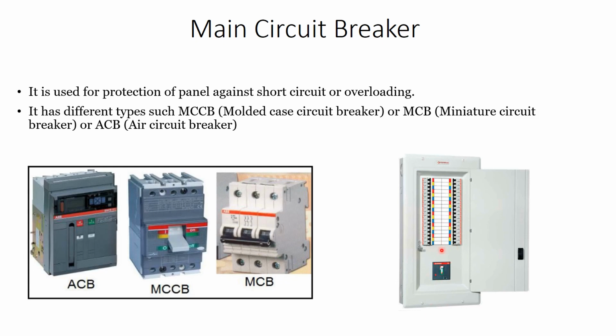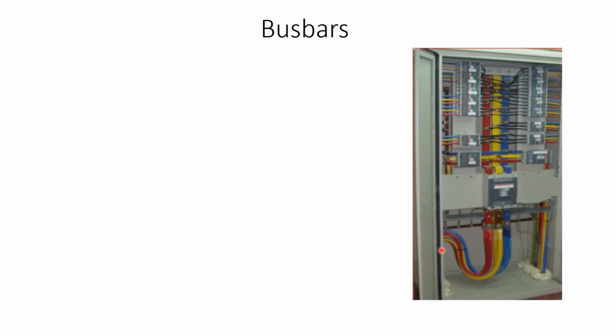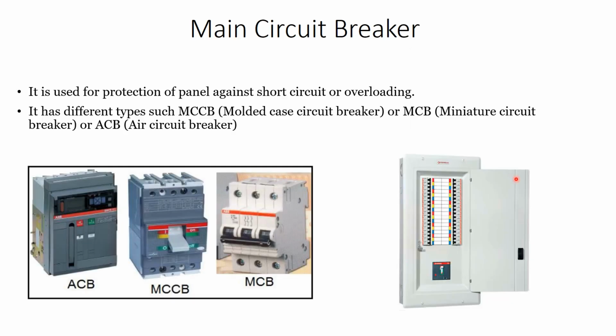Now if we look carefully at the busbars here, you will find these are the busbars, red, yellow, blue, or RST, the 3 phases. You can see this circuit breaker, which is the same one as here. This one is the main circuit breaker.